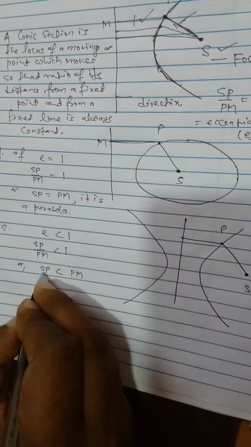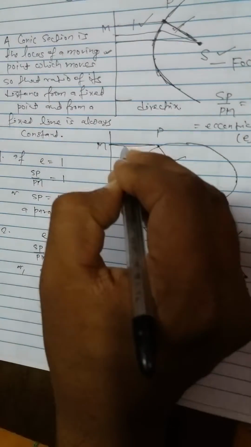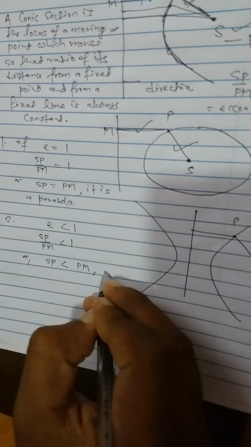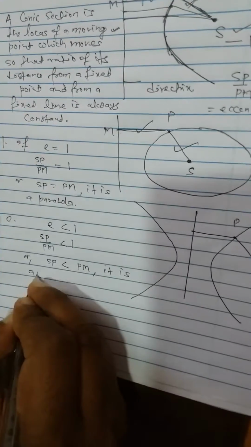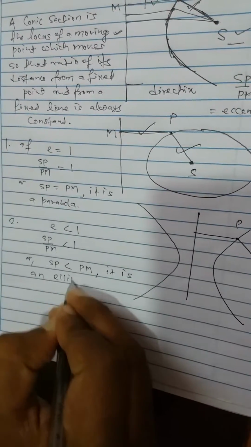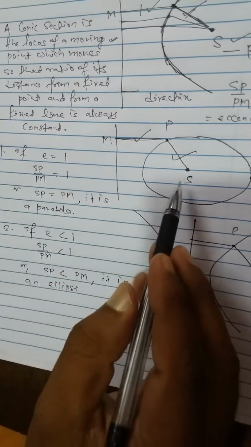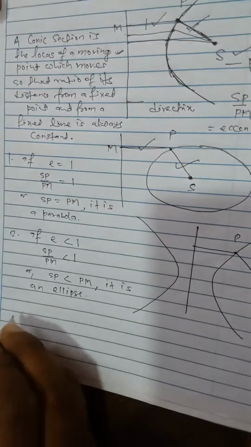So if the distance from the fixed point is smaller than the distance from the fixed line, then the conic section is an ellipse. If eccentricity is smaller than 1, that is, the distance from a fixed point is smaller than the distance from a fixed line, then it is an ellipse.